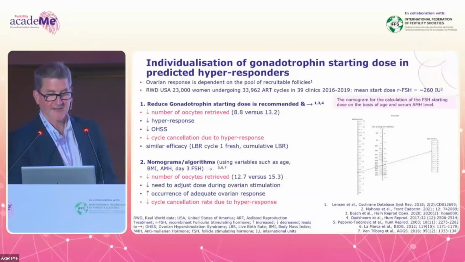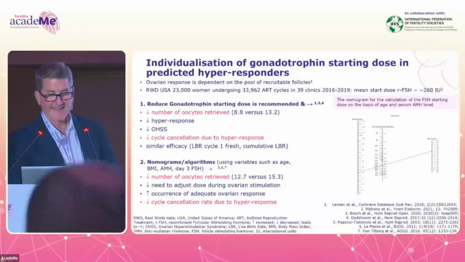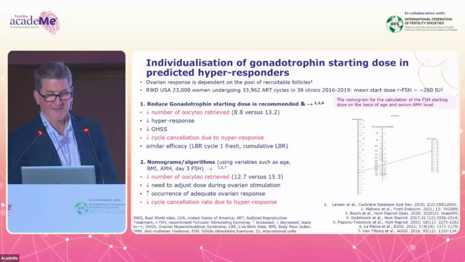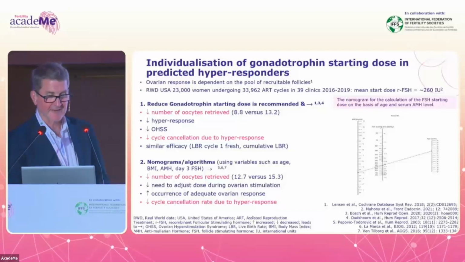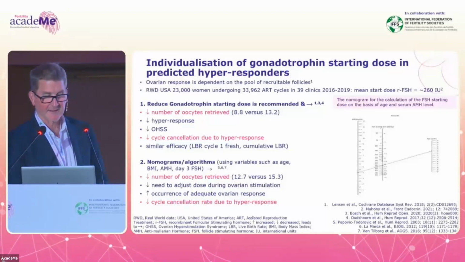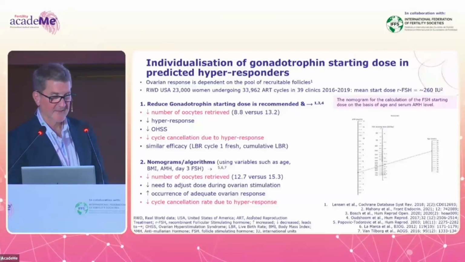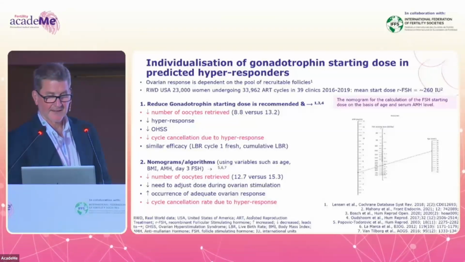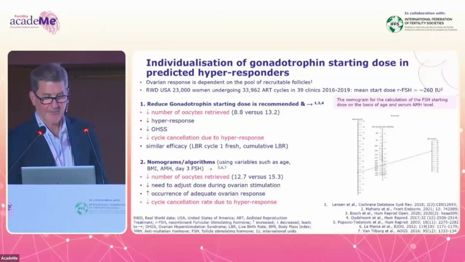Now, if we reduce the gonadotropin starting dose, which is recommended, in predicted hyperresponders, the evidence has shown that this reduces the number of eggs collected, the risk of hyperresponse, the risk of OHSS, the risk of cancelling cycles due to hyperresponse, with similar efficacy, both in the first fresh cycle and cumulative live birth rates.